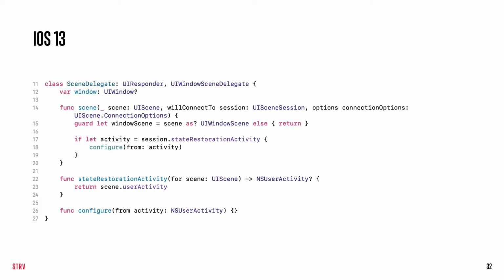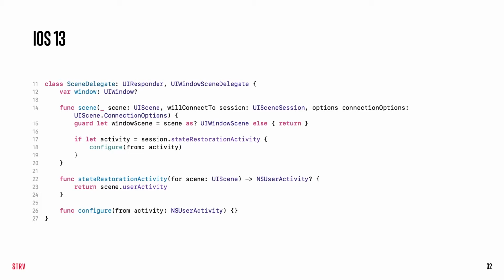On the other hand, it's just one object for the whole scene, so it can get pretty huge, and it could be complicated to store the state of the whole scene in one object. Plus, it is NSUserActivity, and I personally don't like NSUserActivities, but that's up to you.